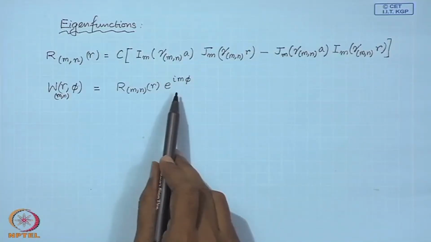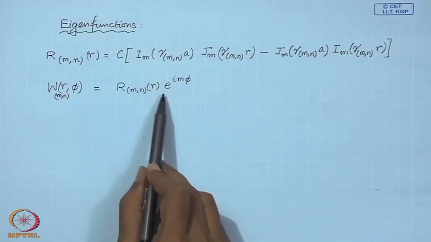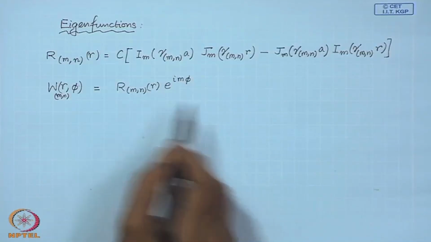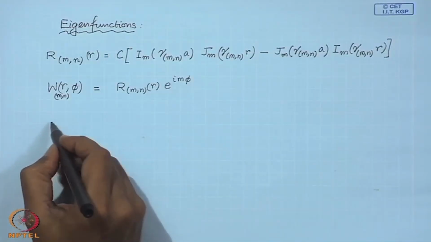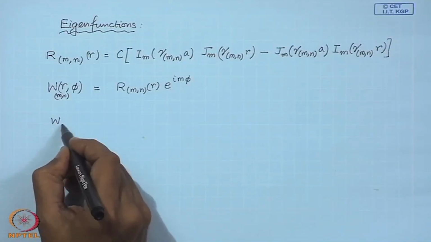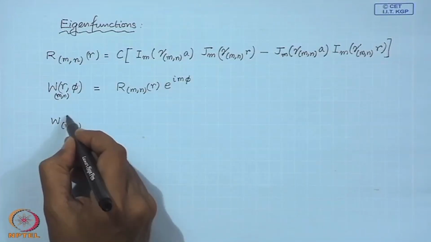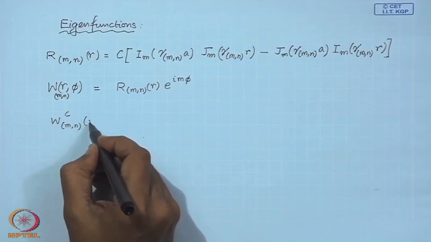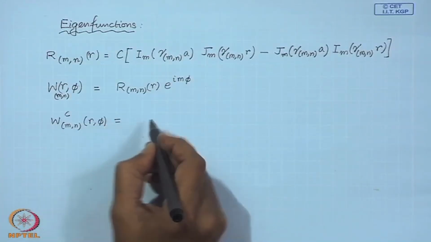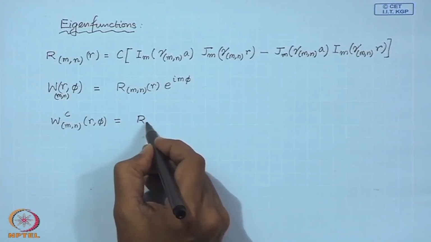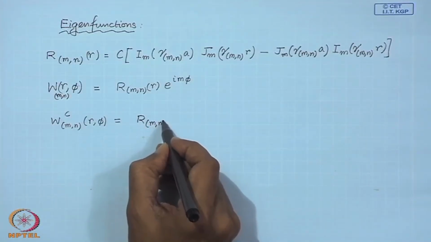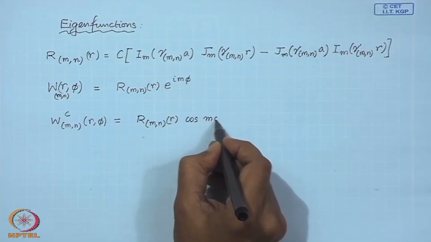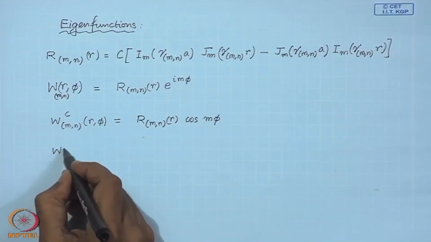We can take either the cosine part or the sine part, or any linear combination of these two. Just like for the circular membrane, we have the cosine mode and we have the sine mode.